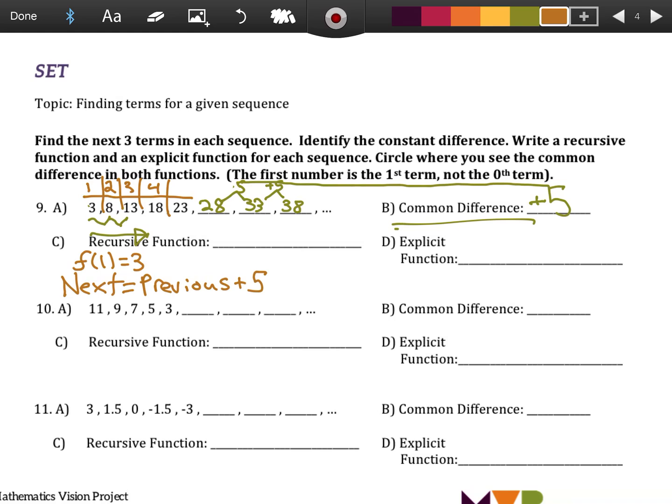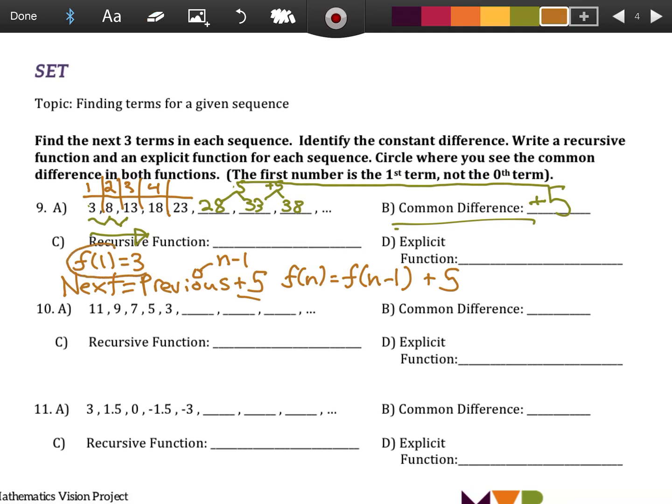So if we use those words, next we normally denote as f of n. And if we're going for the previous number or term, we call that n minus 1. And then notice that we add 5 at the end. So we need 2 things to mention this recursive function.